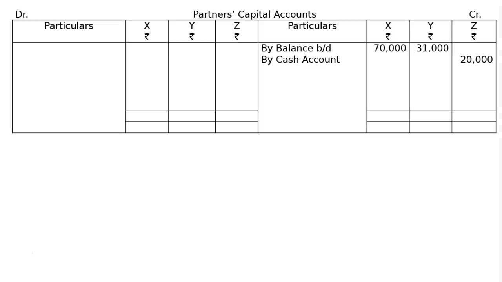For goodwill, 12,000 is entirely payable to X, as brought in by Z. Z paid for goodwill 12,000, which is only to be taken by the sacrificing partner. Hence it was credited to X's capital account.